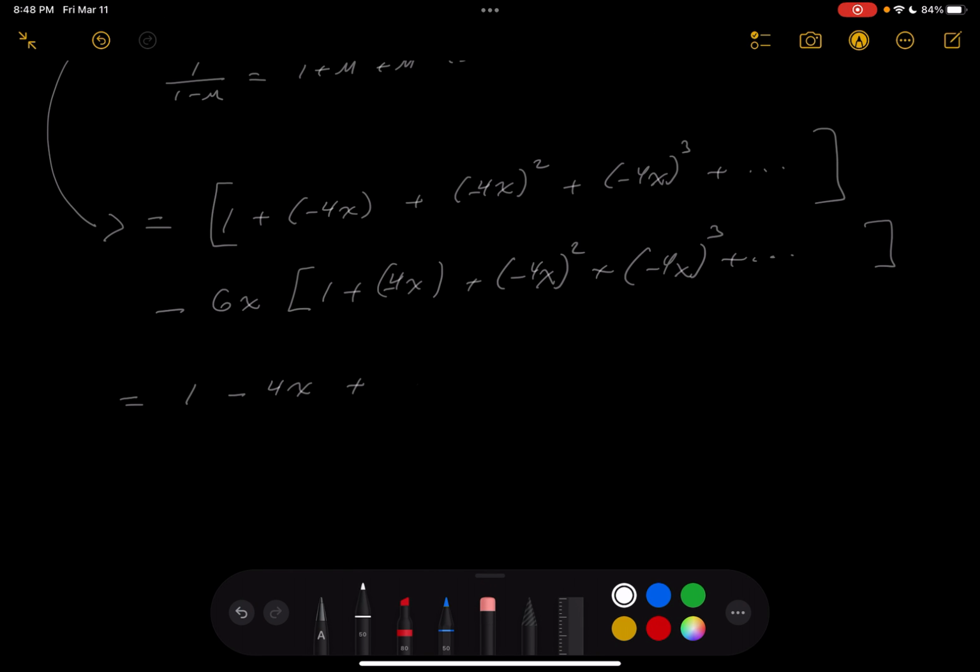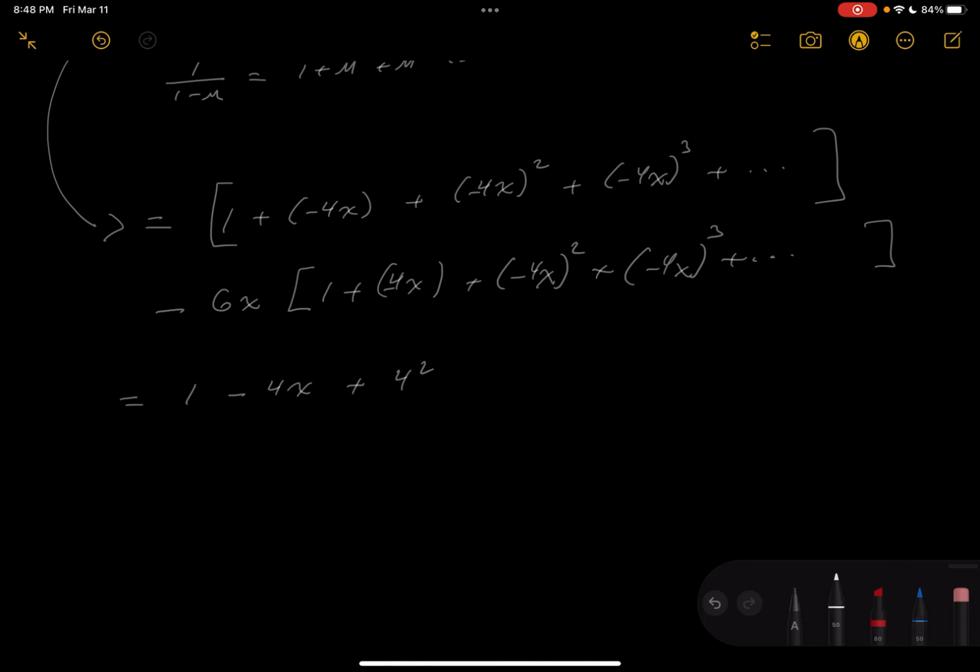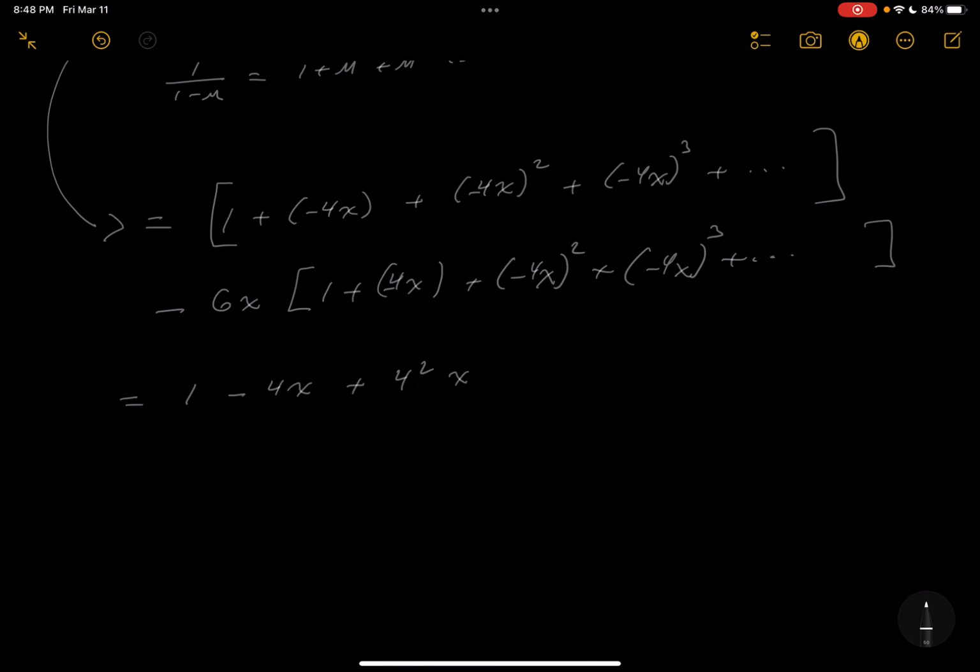There's a point to it. 4 squared x squared minus 4 cubed x cubed plus 4 to the 4th x to the 4th minus 4 to the 5th x to the 5th plus yada, yada, yada. I think you have the idea.